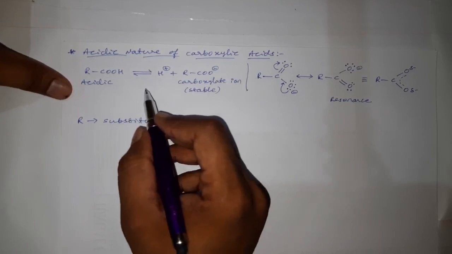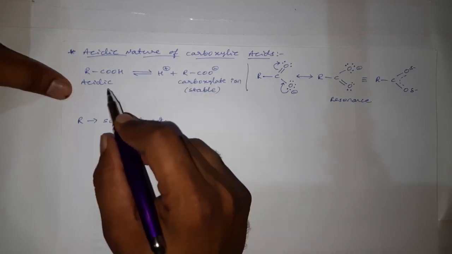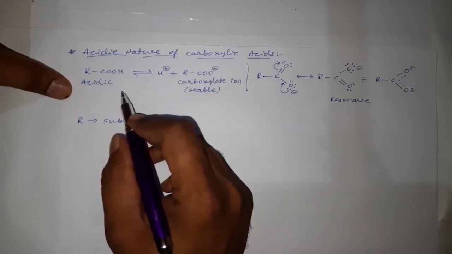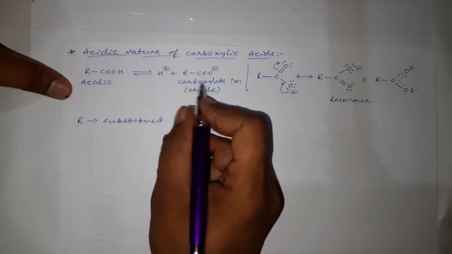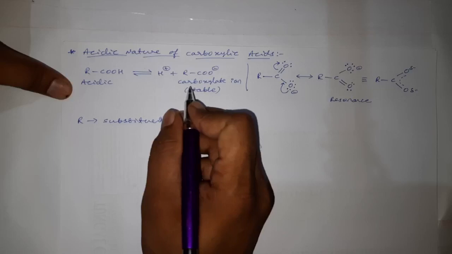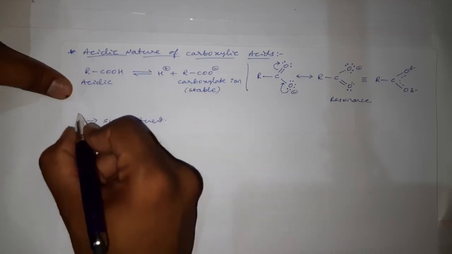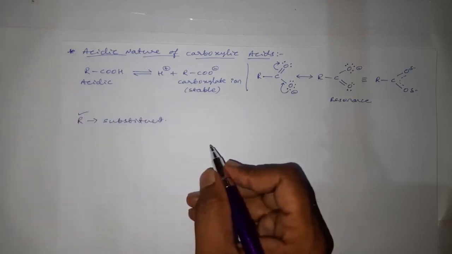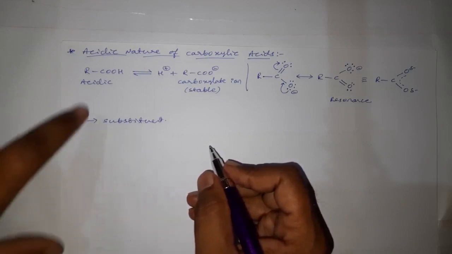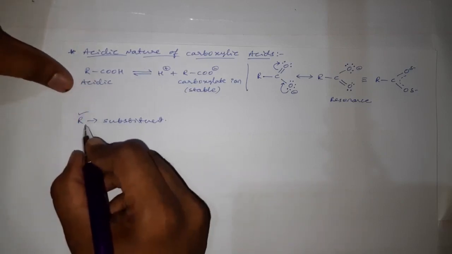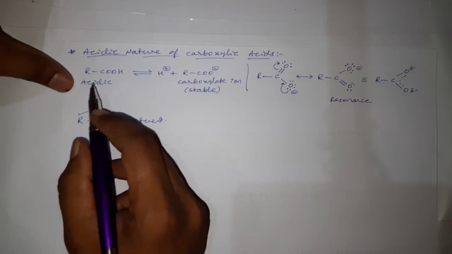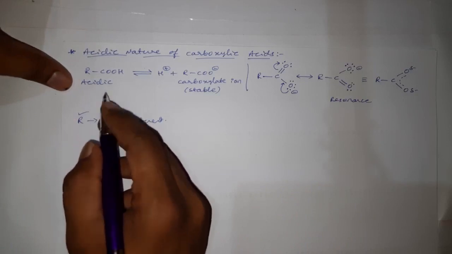Now we come to know that these carboxylic acids are acidic in nature, but we don't know how acidic they are. That means we don't know about the strength of carboxylic acids. The strength of carboxylic acids completely depends on the nature of the substituent attached to the carboxylic carbon, and the nature of this substituent completely determines the strength of the carboxylic acid.